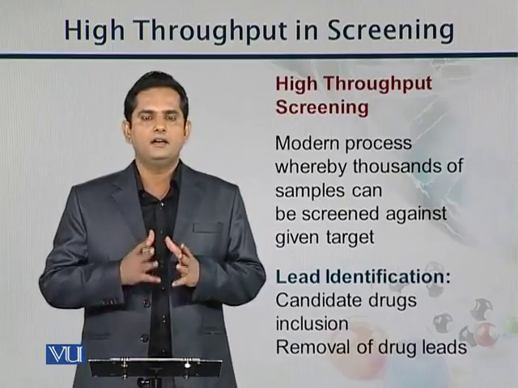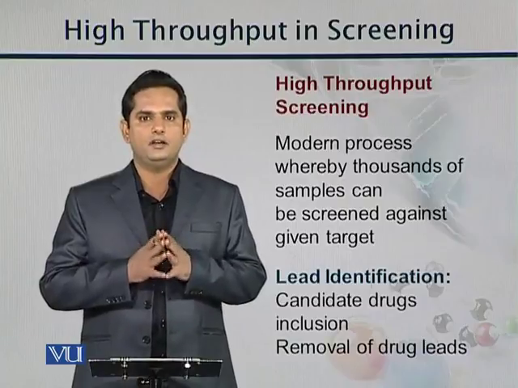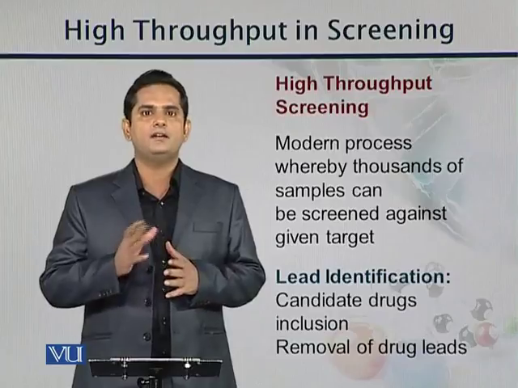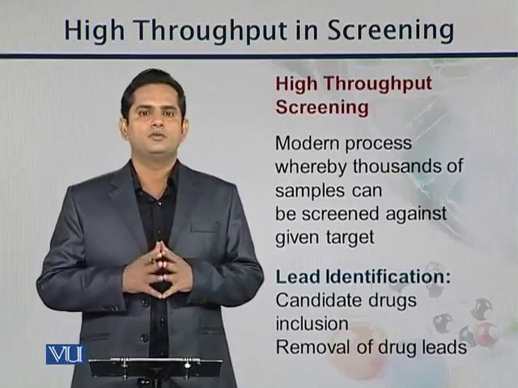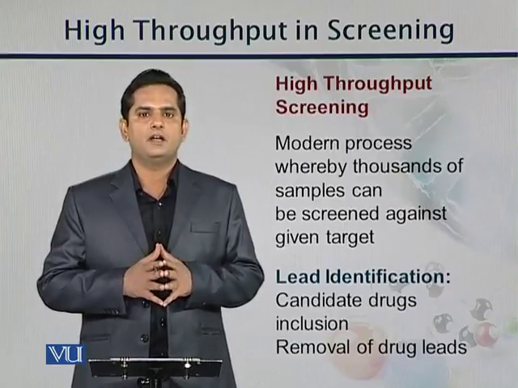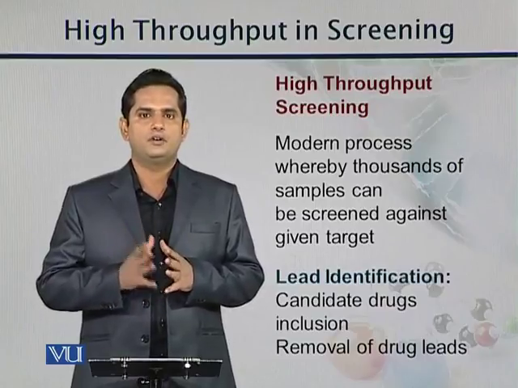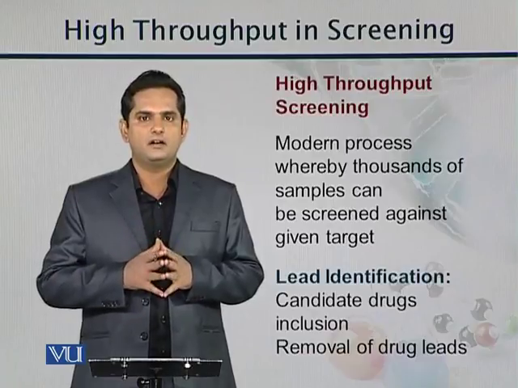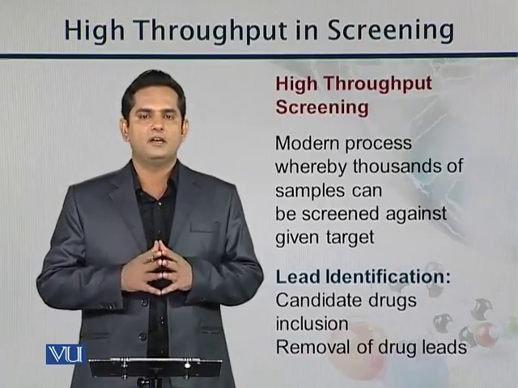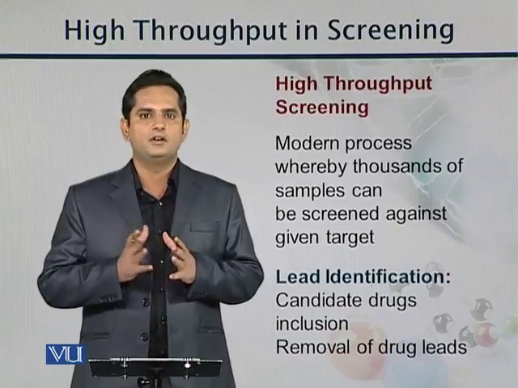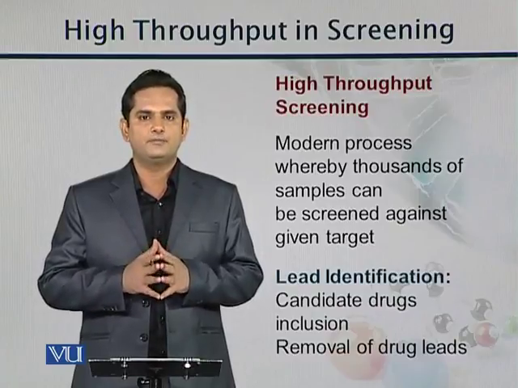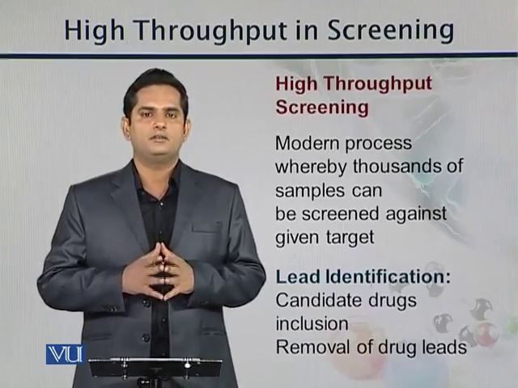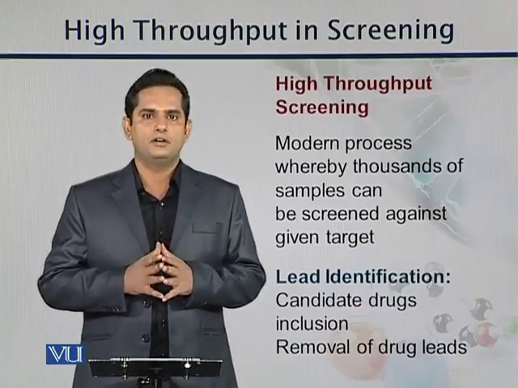We can have lead identification of thousands of proteins in one go. Then we have inclusion of candidate drug molecules. Inclusion means that when we perform our experiments on the given proteins, if they are relevant or druggable, meaning those molecules can be converted into successful drugs, then we keep them. Otherwise there is the option of excluding those proteins or undruggable molecules.